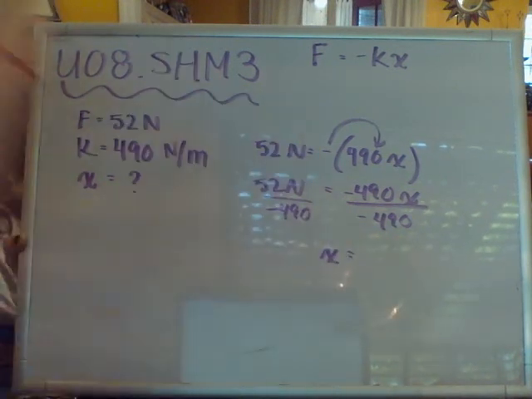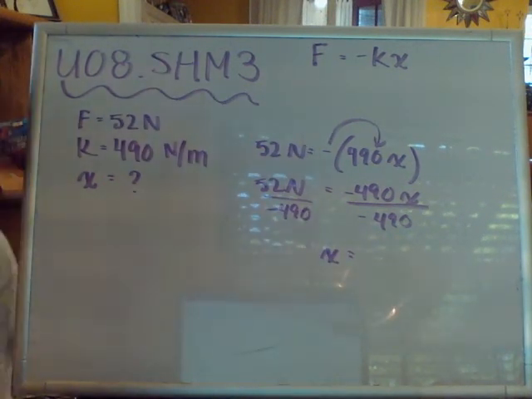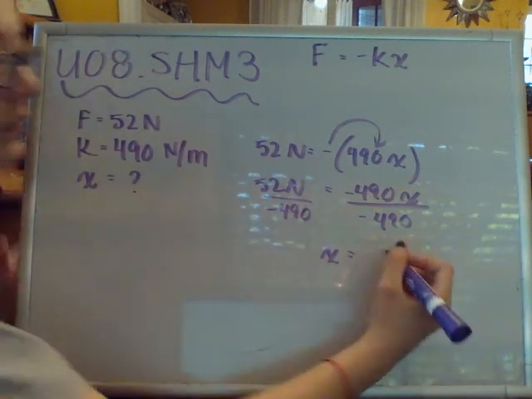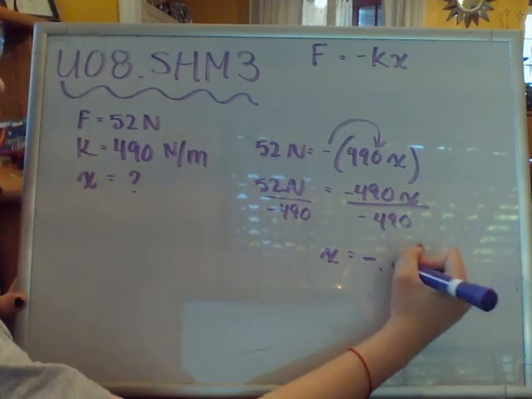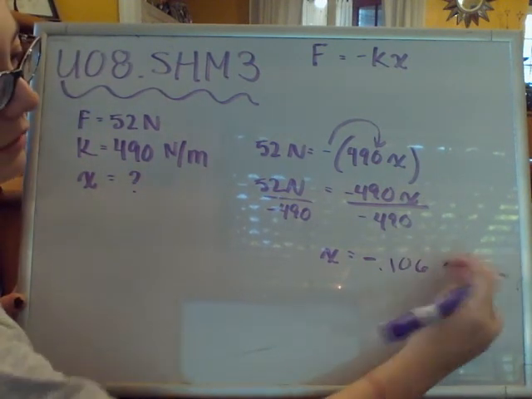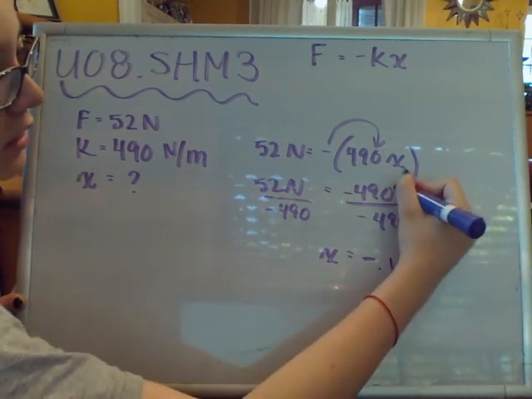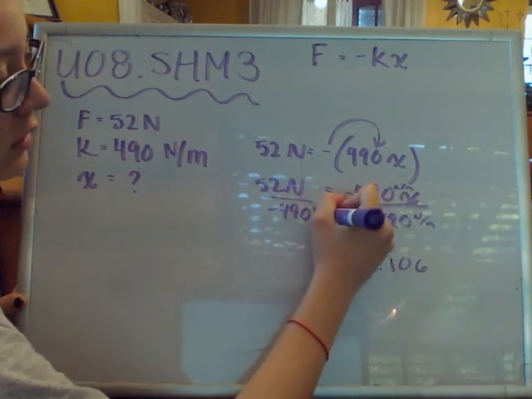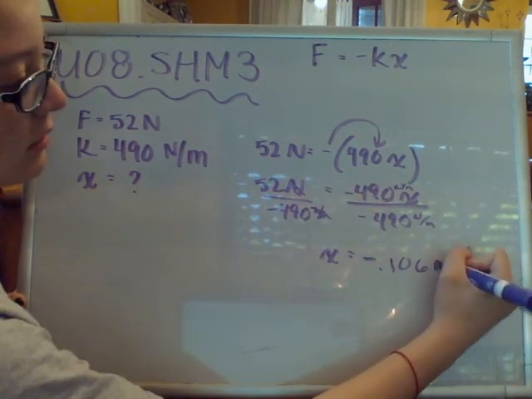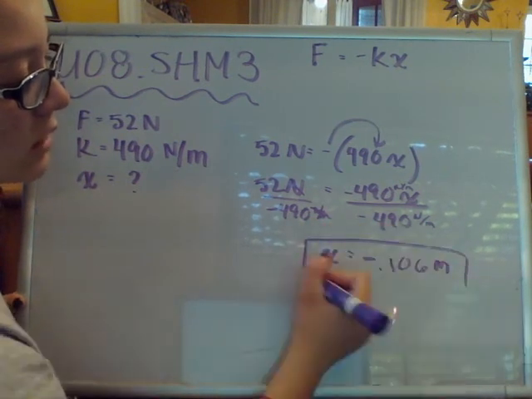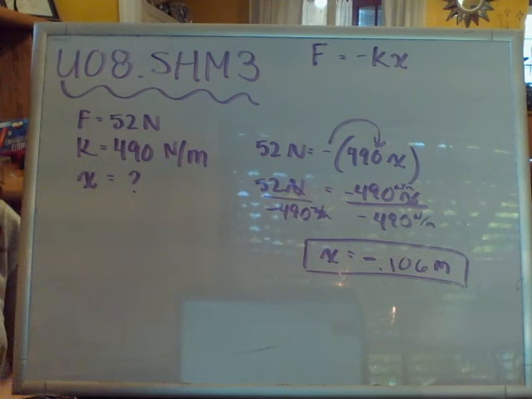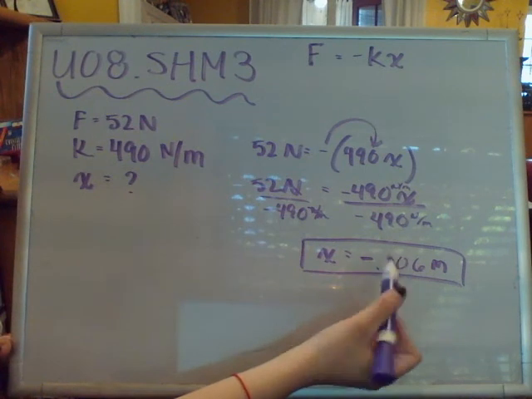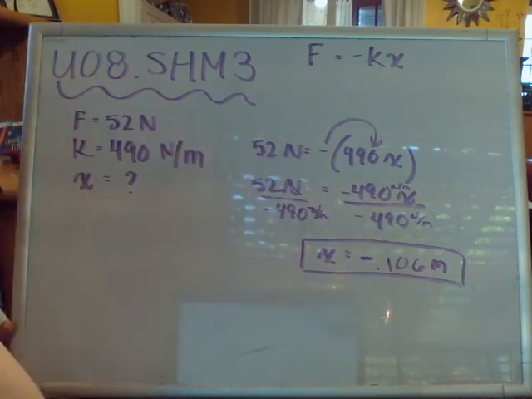And our displacement is going to equal negative 0.106, and that's going to be in meters because the newtons cross out. So the bowstring's displacement is negative 0.106 meters.